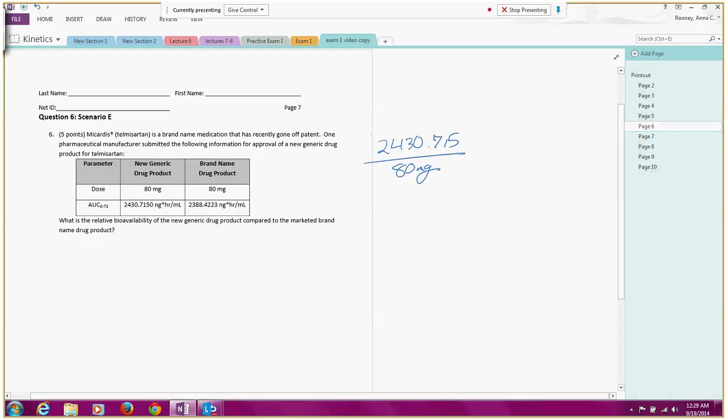So this is going to be dosage normalized. All right, so then that's the first ratio, and then we do the second one. And that's dose normalized as well. Now, why do we dose normalize? If you paid attention in class, the reason you do it is because area under the curve is the activity of the total drug.